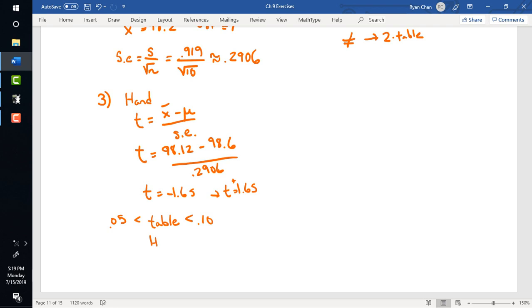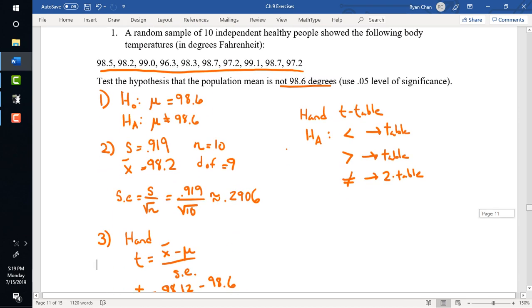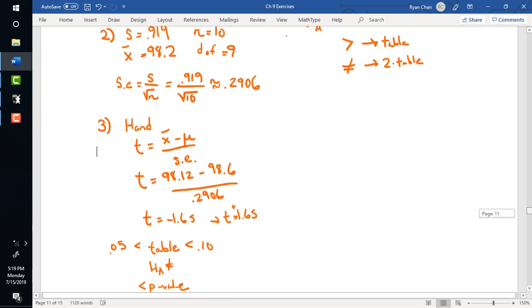Now, since my alternate is not equal to, that means I'm going to multiply everything by 2. So remember, if it's less than, it's the table; greater than, it's the table; and then not equal to, my p-value will be 2 times the table.